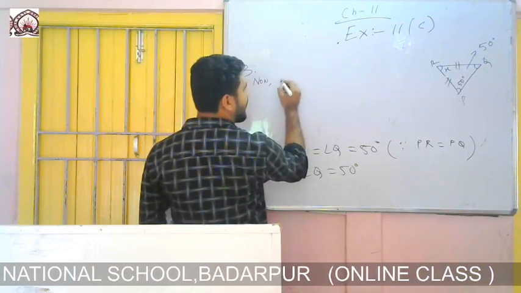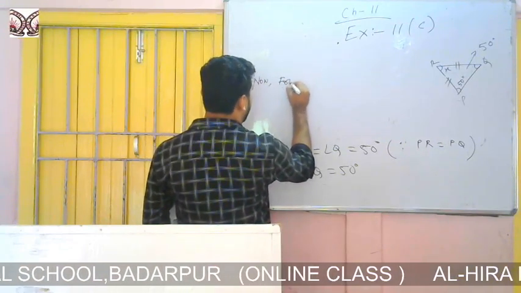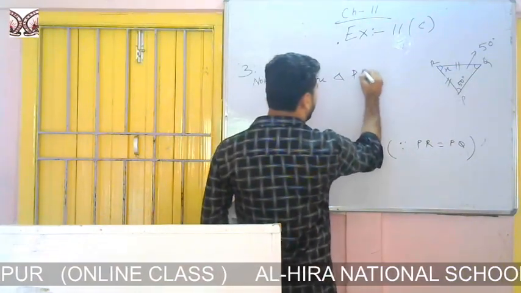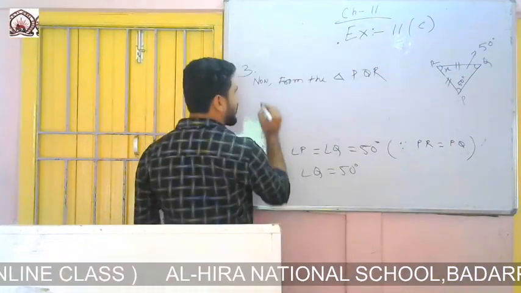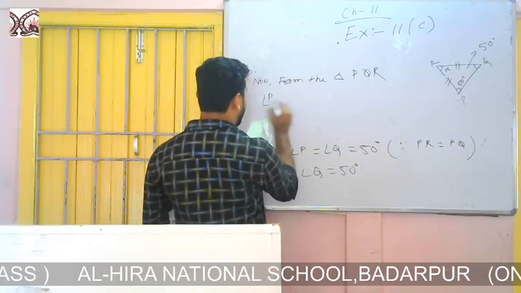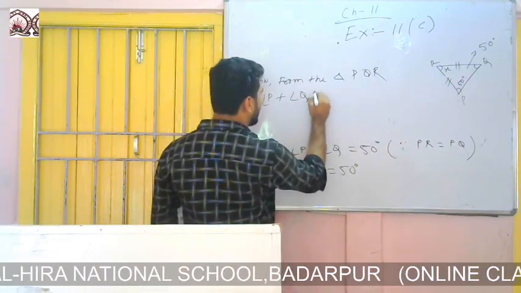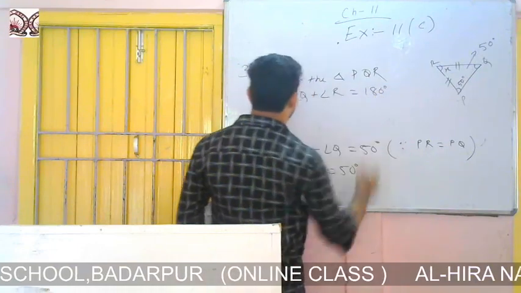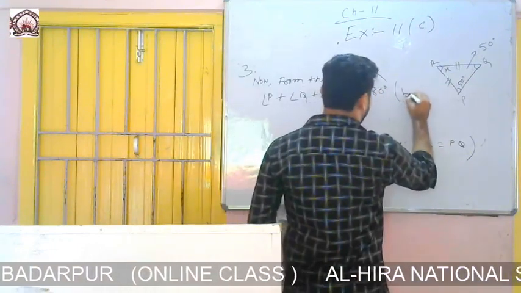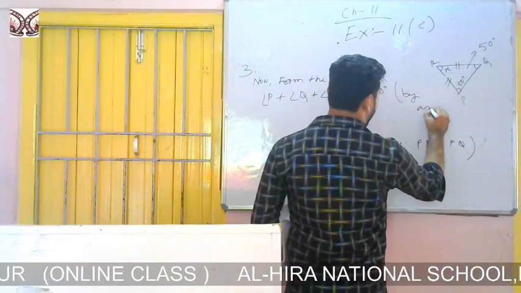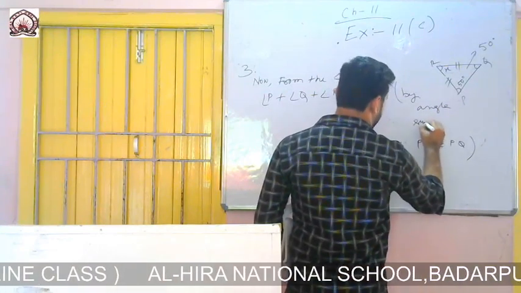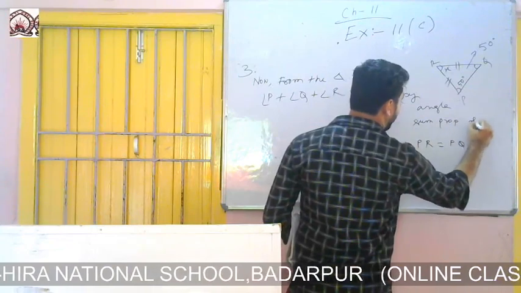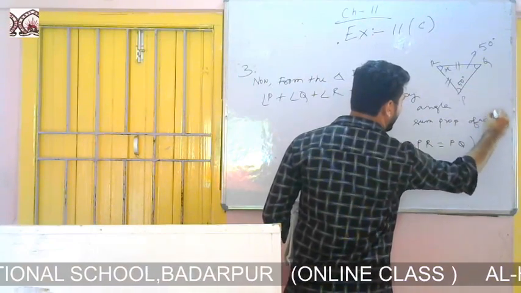Now from the triangle PQR we can write angle P plus angle Q plus angle R equals 180 degrees, by angle sum property of a triangle.